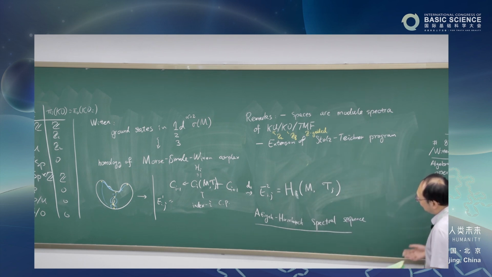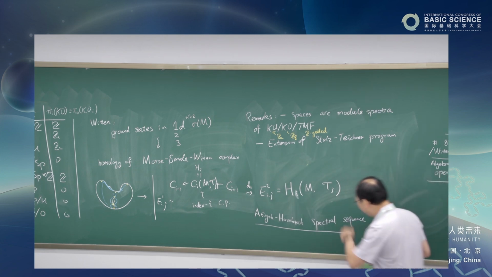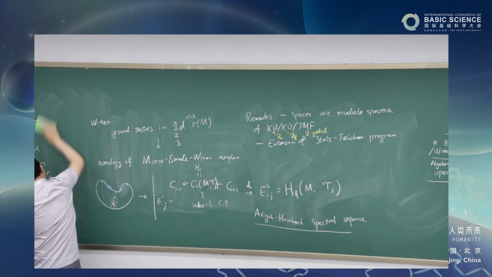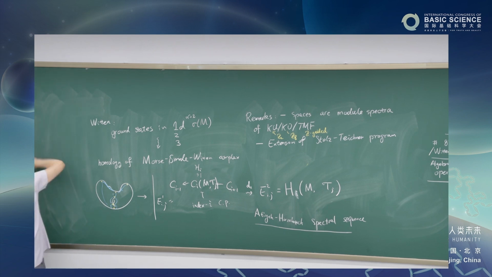So let's maybe give a concrete example. The target is M, right? And we are analyzing the space of boundary conditions by turning on a Morse function as a superpotential. So it's actually in parallel with this story.